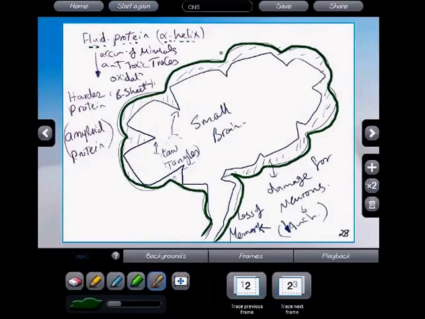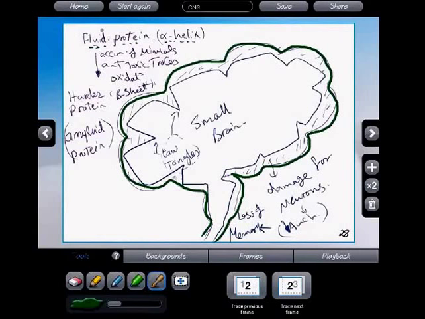When minerals, toxic traces, oxidative components, smoking, and many things that accumulate in our body during our life can induce a change in the shape of the protein from the fluid alpha helix structure to the harder beta sheet structure.